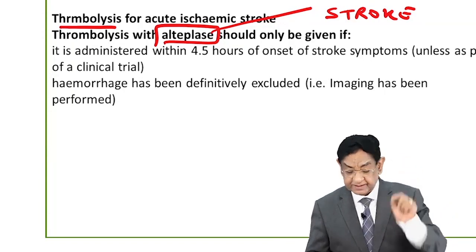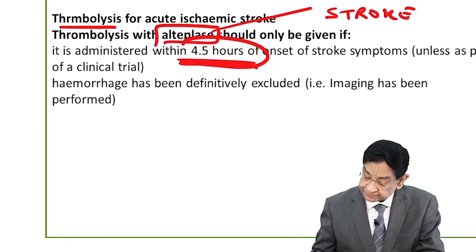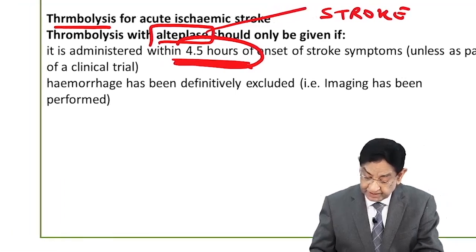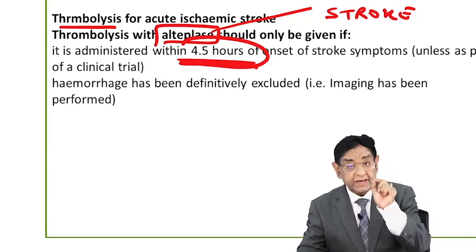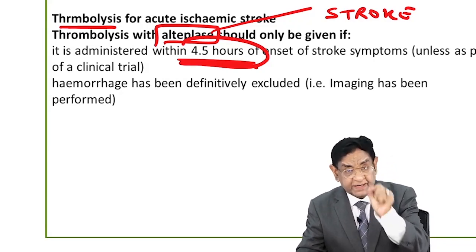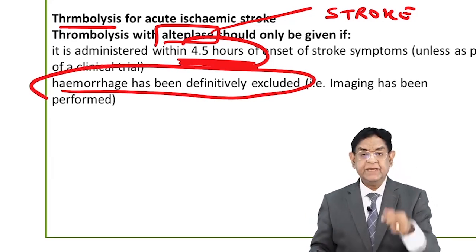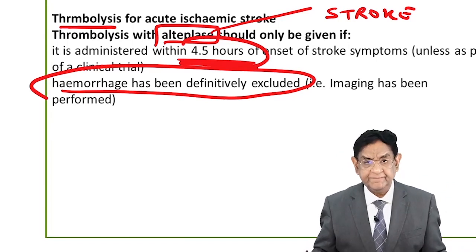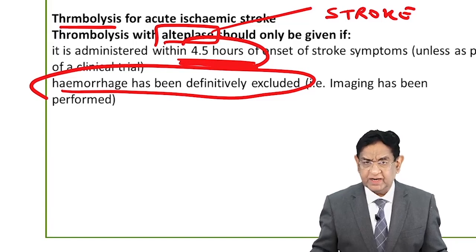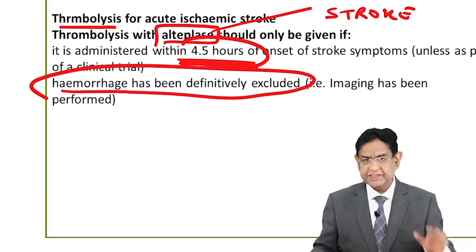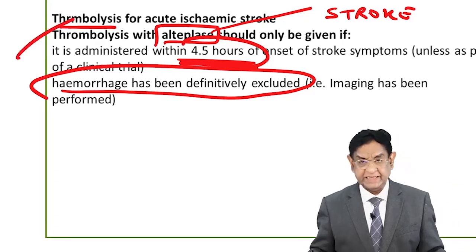But when the patient has come within 2.5 hours, and that also provided we have ruled out hemorrhage. That means you will do CT scan. The patient has a stroke 3 hours back, he has come to you within 3 hours, go for urgent CT scan, normal, then you can plan for thrombolysis.